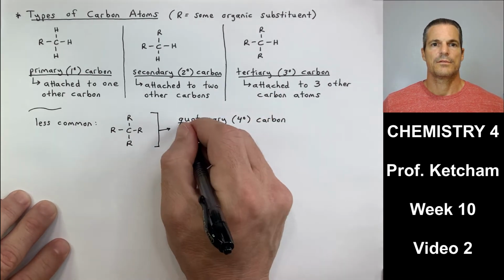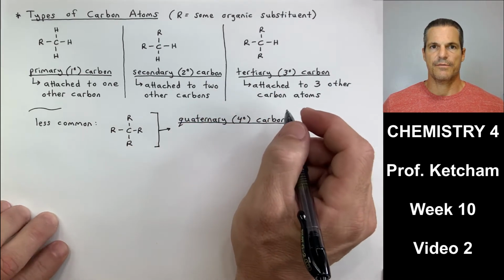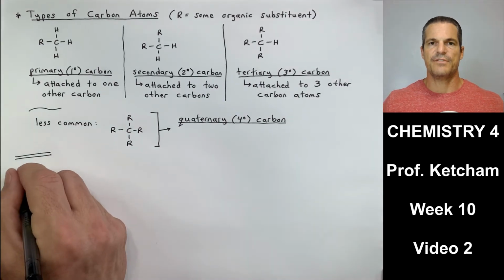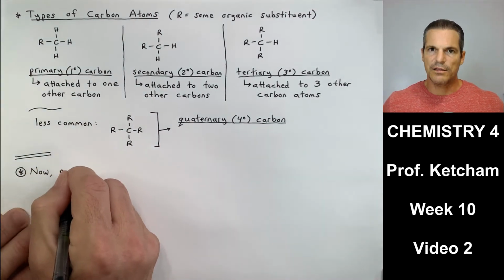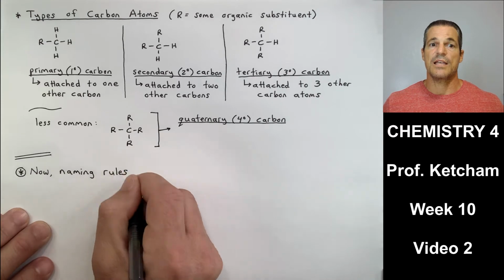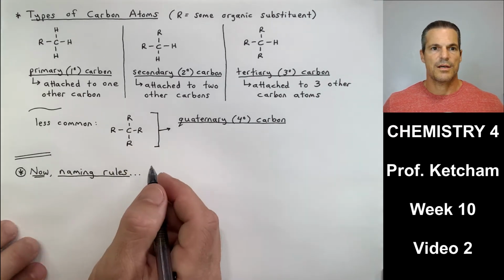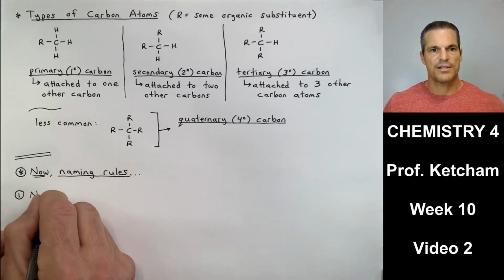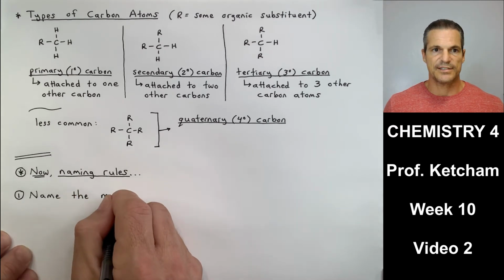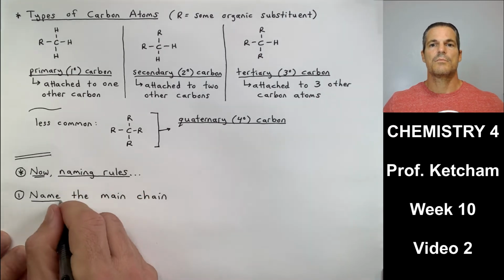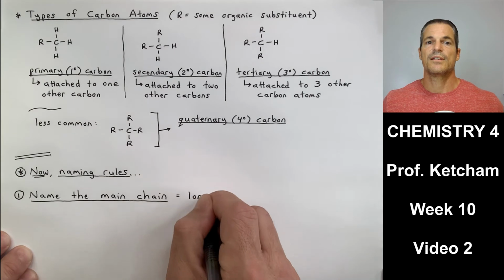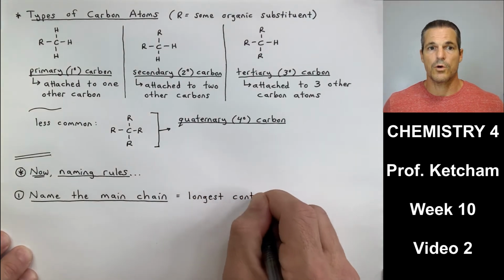All right. So that is all we have for kind of getting us set up for naming alkanes. Now let's go over the rules for naming alkanes with examples. Practice makes perfect on this, not just watching the video and listening to me and watching my notes, but writing out all these notes is the best way to learn this, and of course the homework problems.